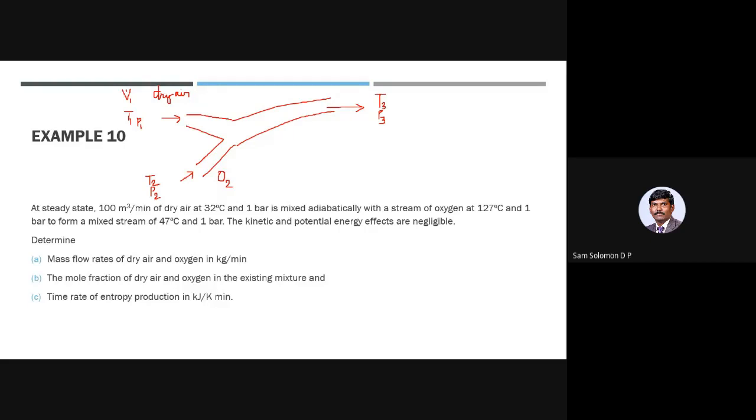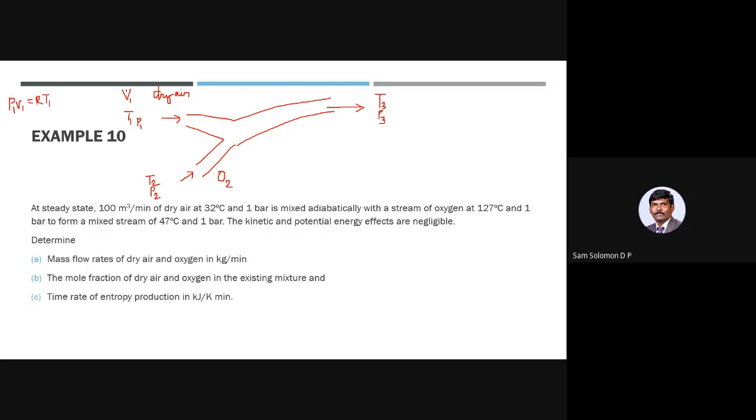Okay, the first thing they are asking us to find out is the mass flow rates of dry air and oxygen in kilogram per minute. Okay, so what you can do initially is what is given to you is 100 meter cube per minute. Okay, so that is V dot. And what you can estimate is P1 small v1 equal to RT1.